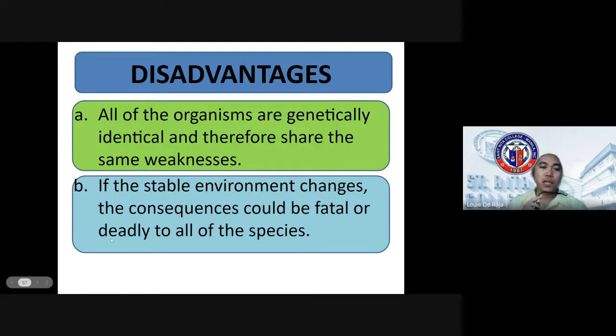Next, if the stable environment changes, the consequences could be fatal or deadly to all of the species. Kung dumami yung isang organism na yon, ma-overpower niya yung ibang organism na hindi gumagamit ng ganoong mode of reproduction at magkakaroon ng competition sa isang environment.